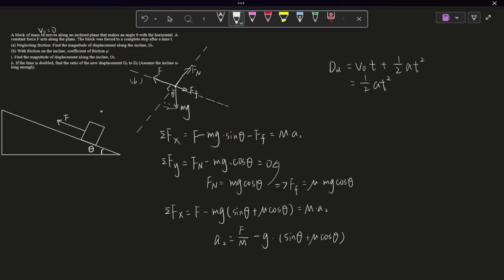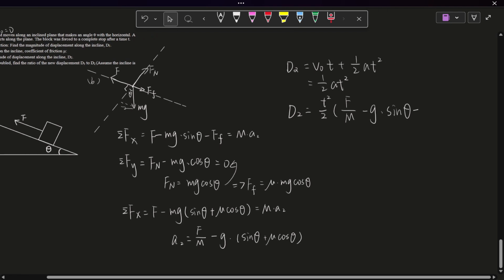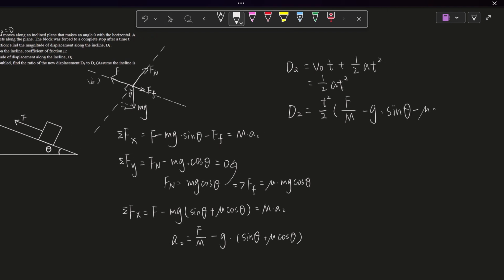Let's plug the value in, which we can get d2 is equal to half times F over m minus g times sine theta minus mu cosine theta, times t squared. And this is your answer for the first part of B.